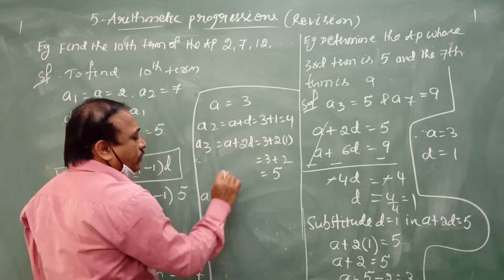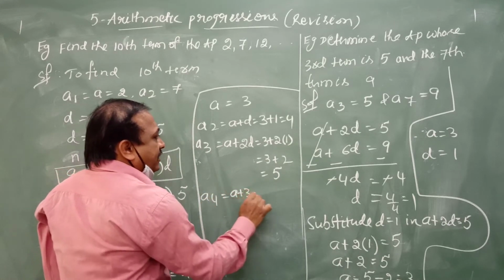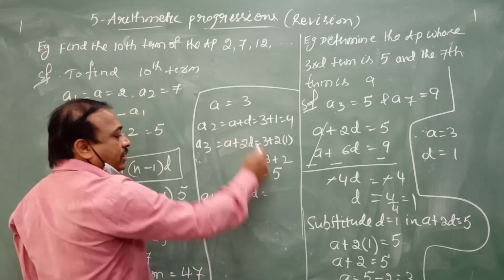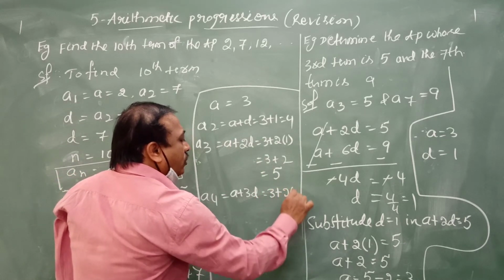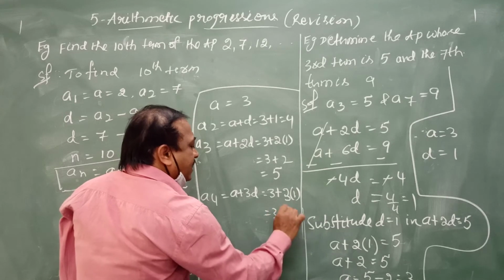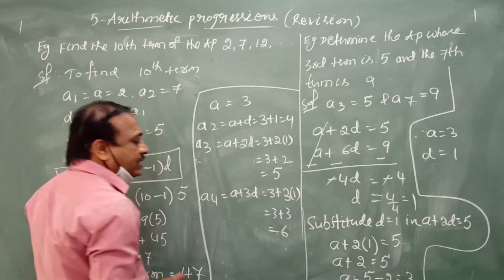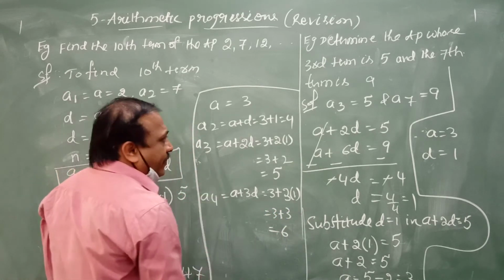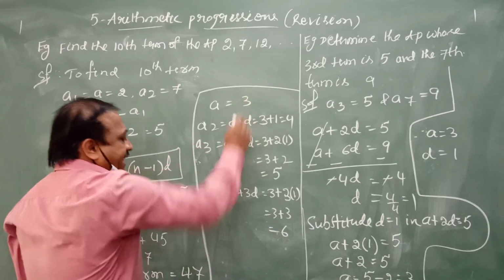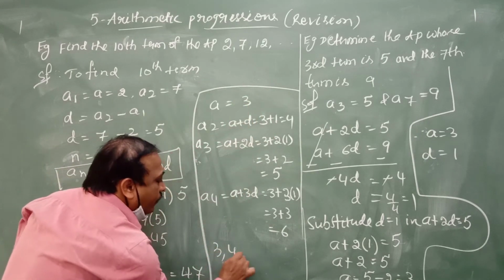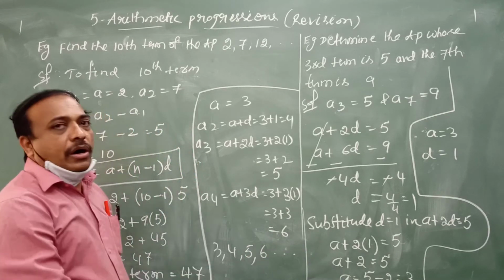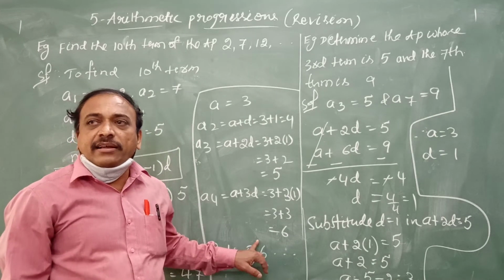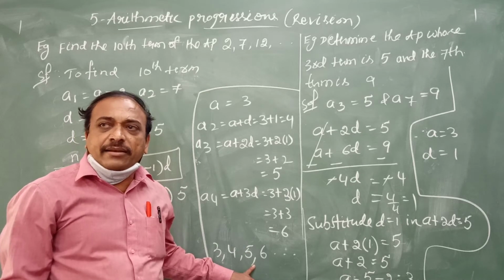A4 is equals to a plus 3d, which is 3 plus 3 into 1, 3 plus 3 is equals to 6, and so on. So 3, 4, 5, 6 and so on. This is the required AP. Is it clear? Yes, sir.